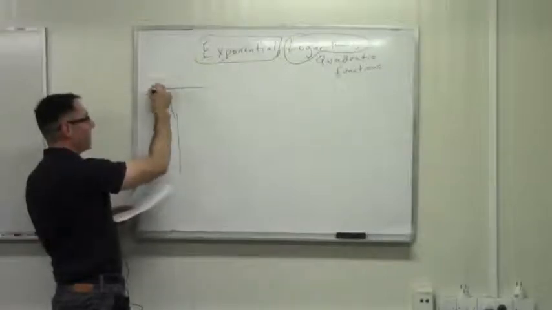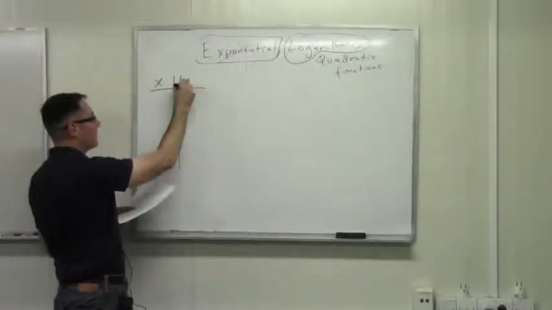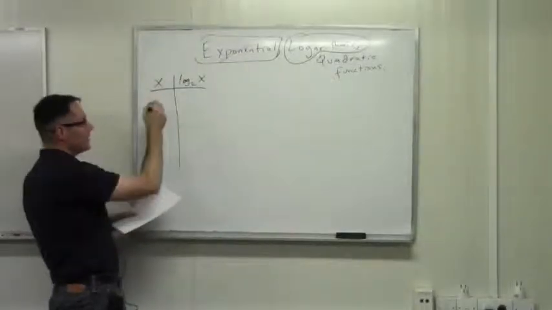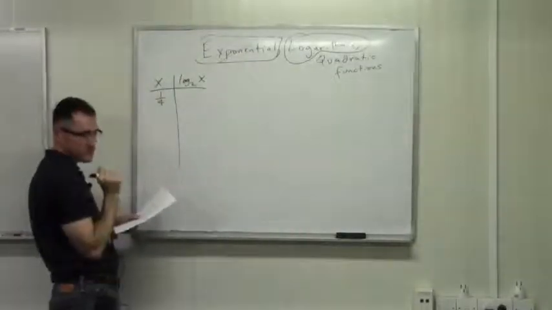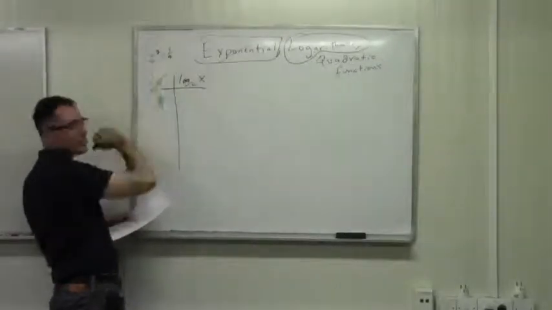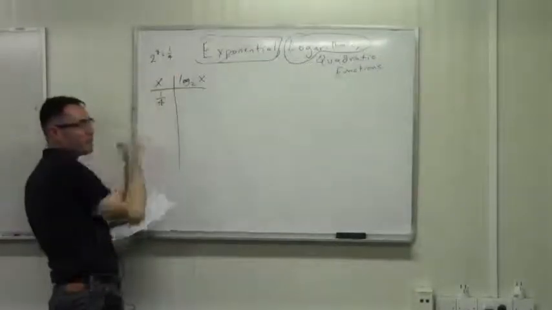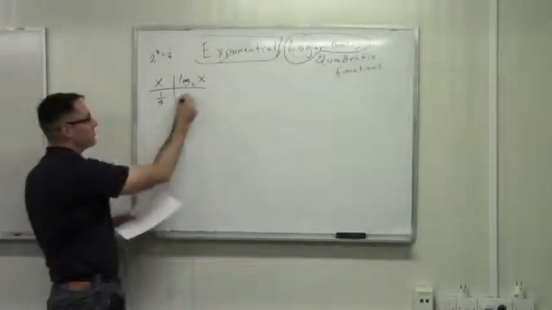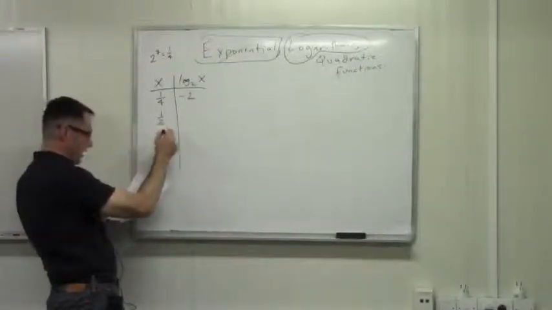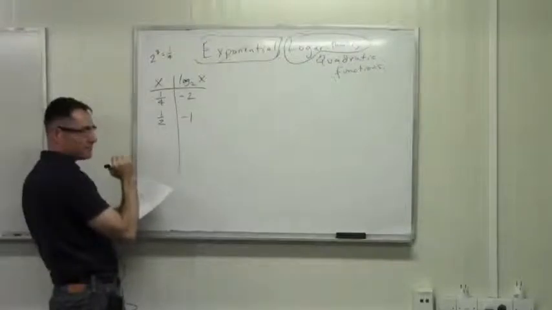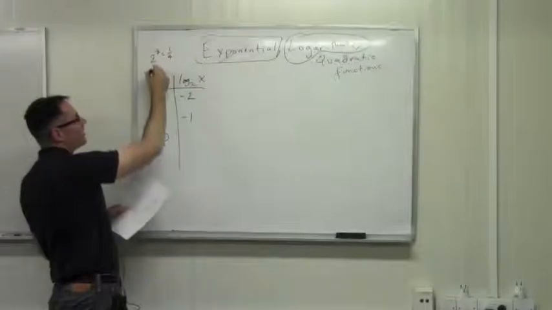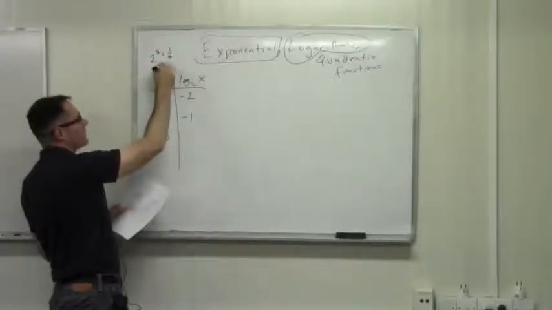If we have x and we have the log base 2 of x, if we have 1/4, that's 2 to the y equals 1/4. 2 to what power equals 1/4? -2. This is going to be the exact opposite of the graph we had before. If x is 1/2, -1.